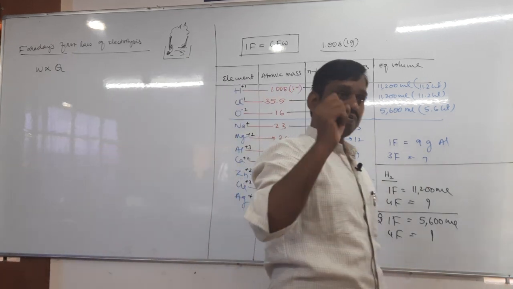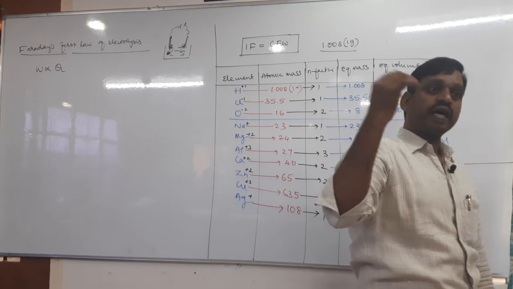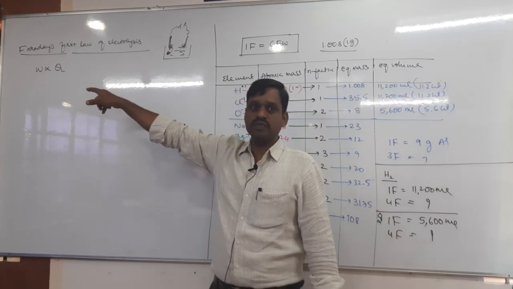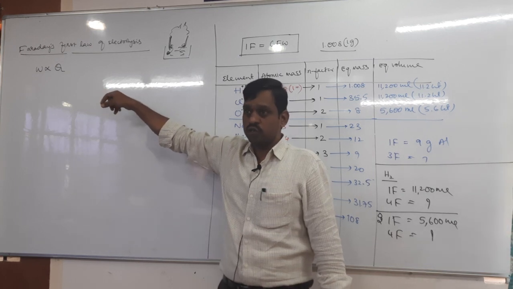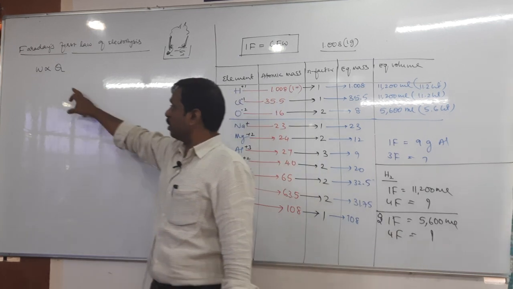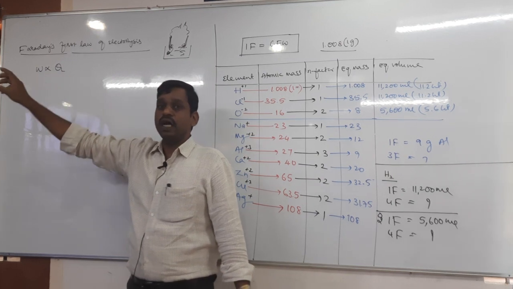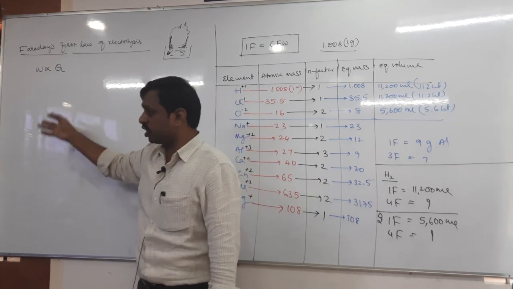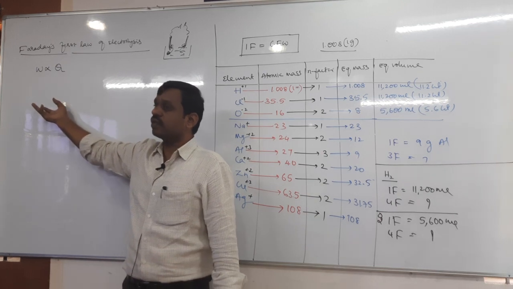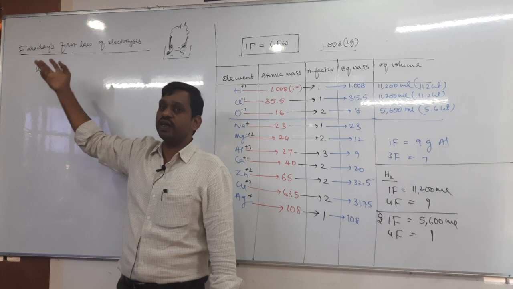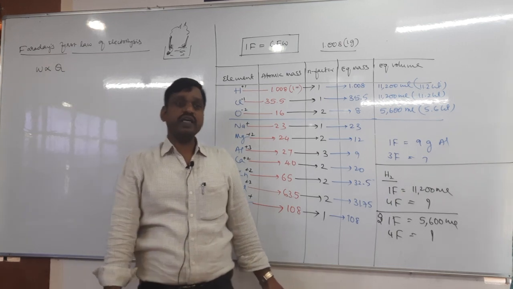The amount of substance deposited is directly proportional to the quantity of electric current passed through the solution. Therefore, W is directly proportional to Q, where W is the amount of substance deposited or liberated. Q is the quantity of electric current passed through the electrolytic solution.